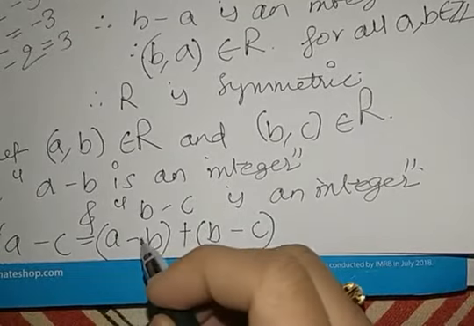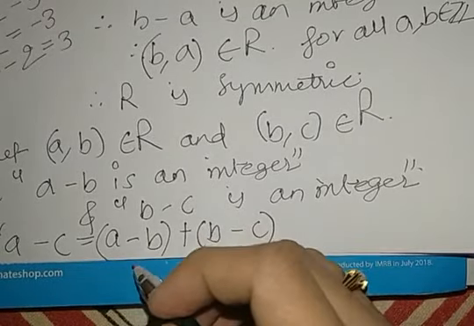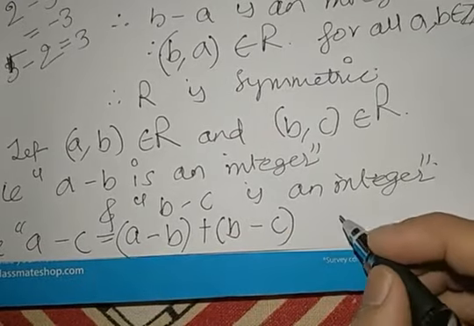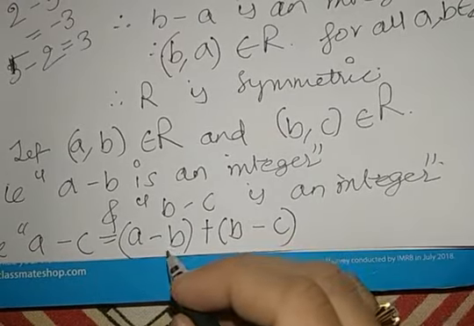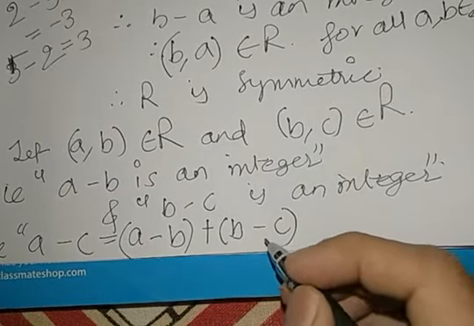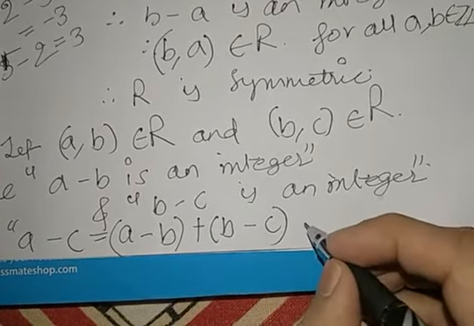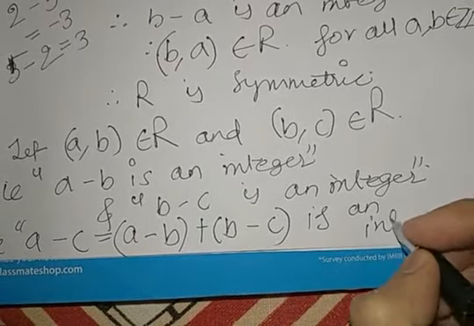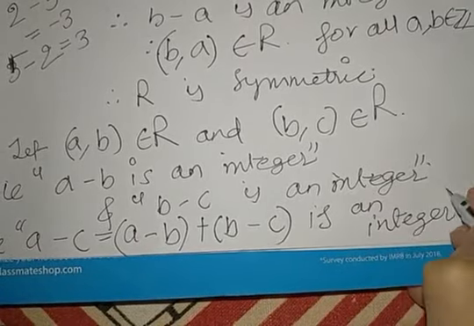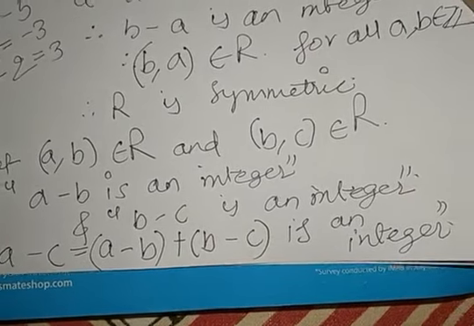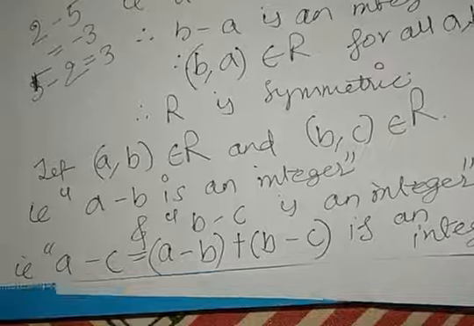So if you cancel minus b and b, you are getting a minus c. Here you are taking the sum of integers a minus b and b minus c, so this will also be an integer. So you say that R is transitive.